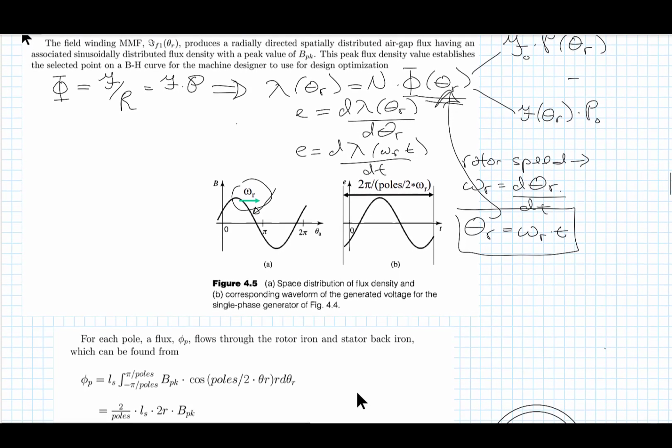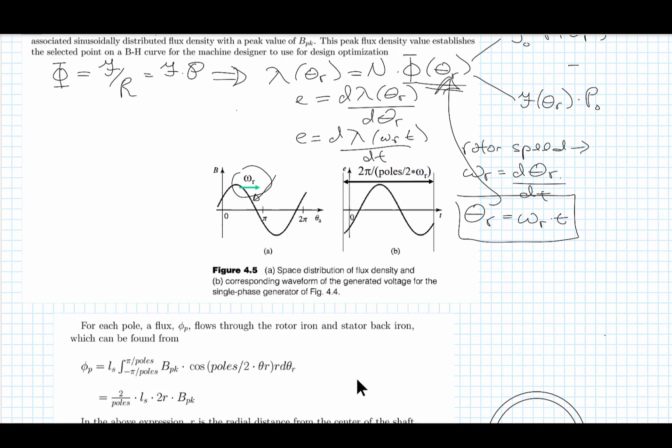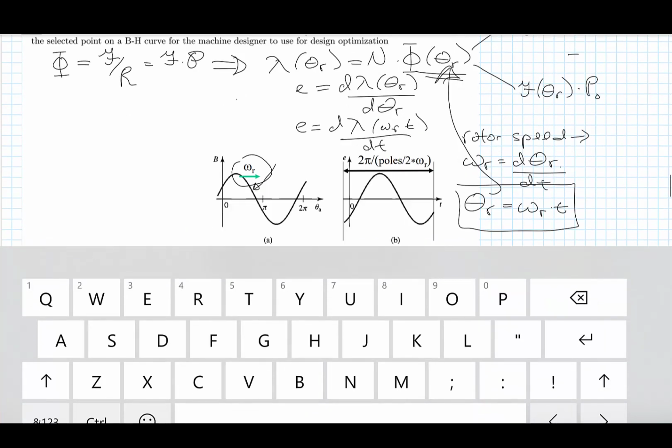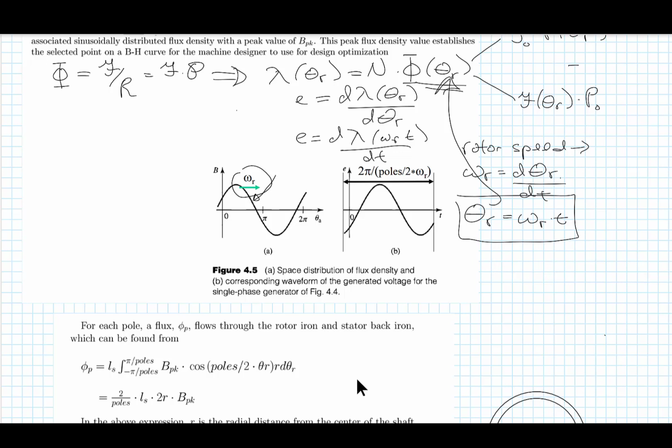The one more point that I'd like to make is we've talked about the electrical part of our energy conversion system. This is going to correspond to what we've talked about all along with AC machines, AC systems, where we have an angular electrical frequency that is 2 pi times the electrical frequency.